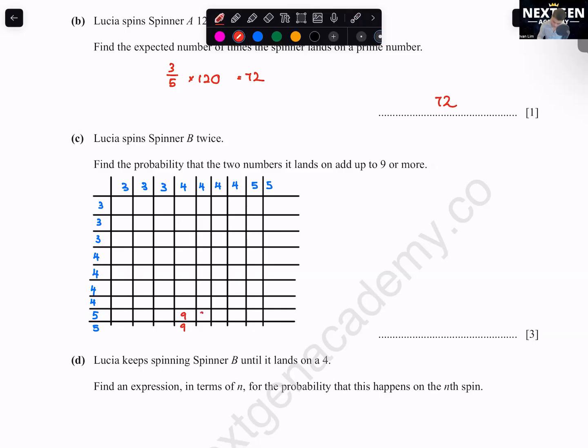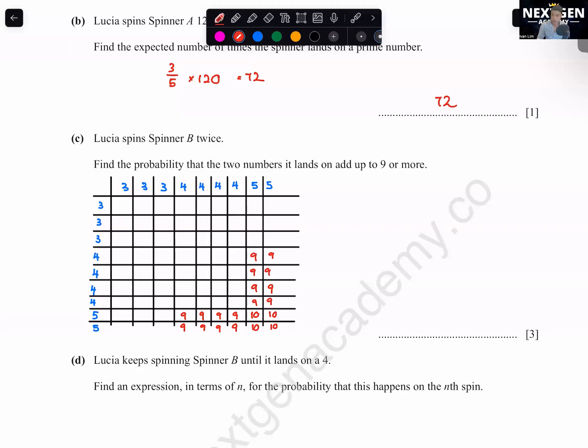Here 9, 9, 9, 9, 9, 9, 9. Then 5 plus 5, 10, 10, 10, 10. Then here, 9, 9. Here also 9, 9, 9, 9.